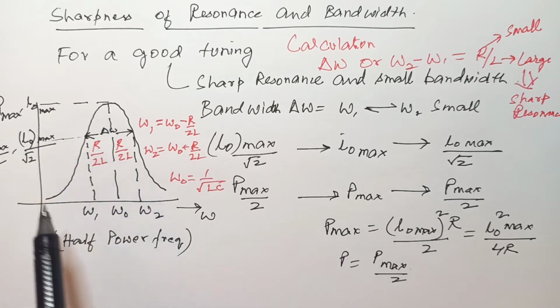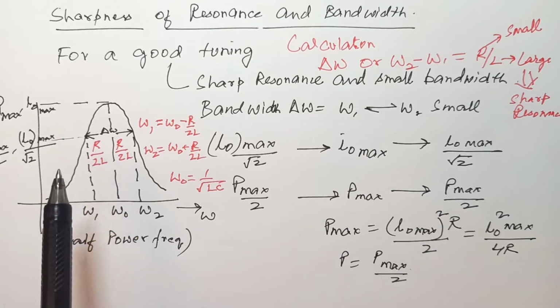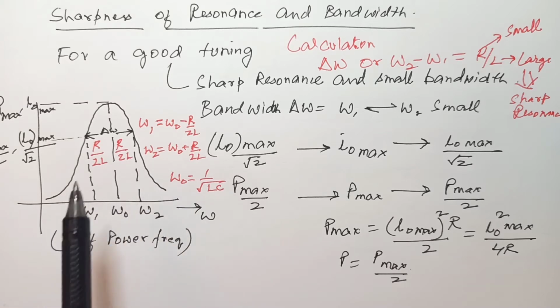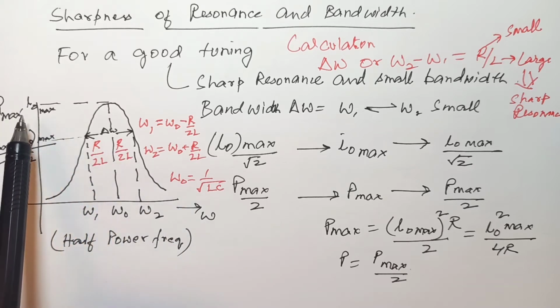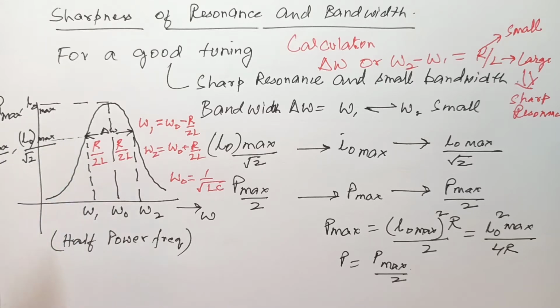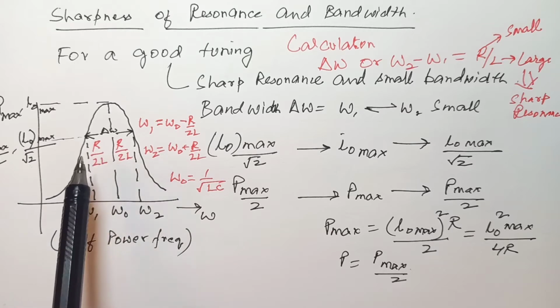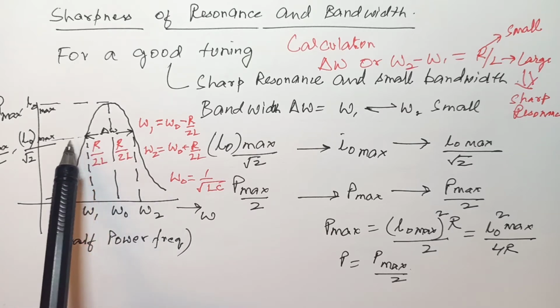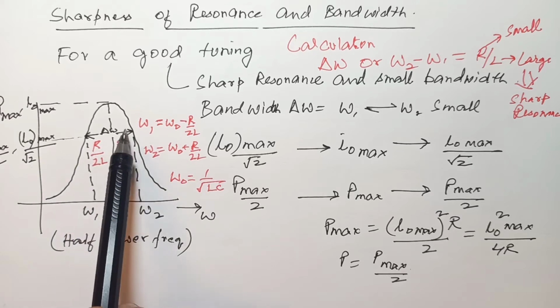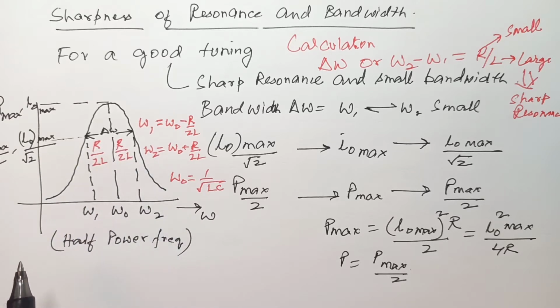Now what this graph says is that you will hear, let's say, the radio tuning only when the current is from I naught max to I naught by root 2. Suppose I naught by root 2, it falls from W1 to W2 frequency, correct?